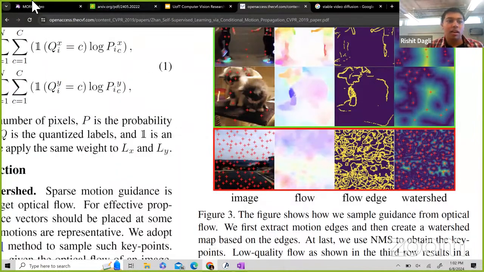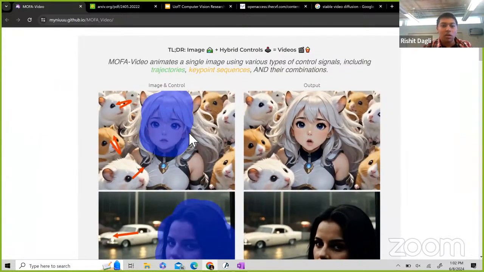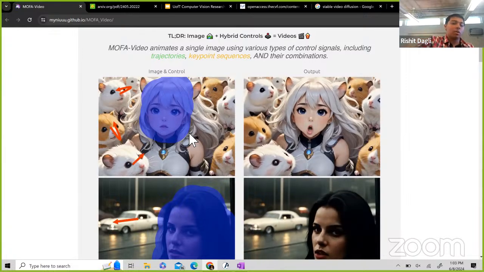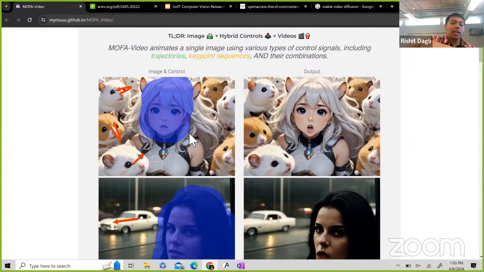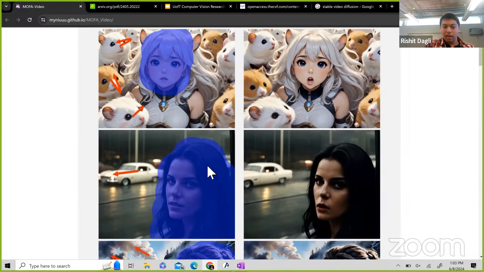And then they had a few interesting results on their website. This is the general object thing where you highlight something and you have all of these vectors that the user gives you. And this actually looks good.